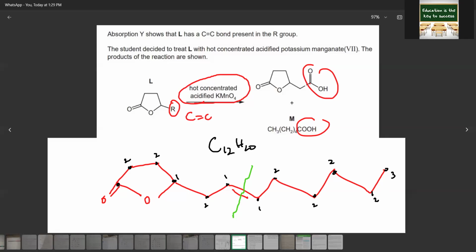And how many oxygen are there? This is 1 and this is another, so 2 oxygen. This should be the molecular formula of compound L. As compound L is oxidized by hot concentrated KMnO4, the side chain, the R group, contains a carbon-carbon double bond. Is it clear?